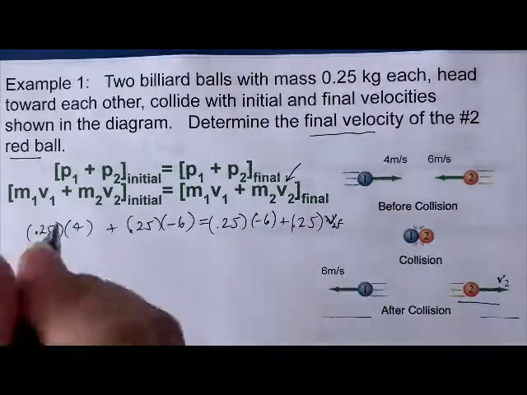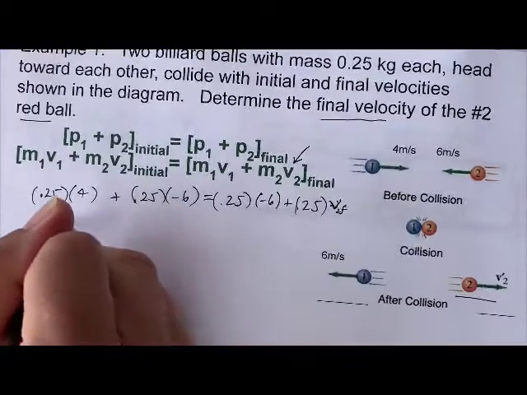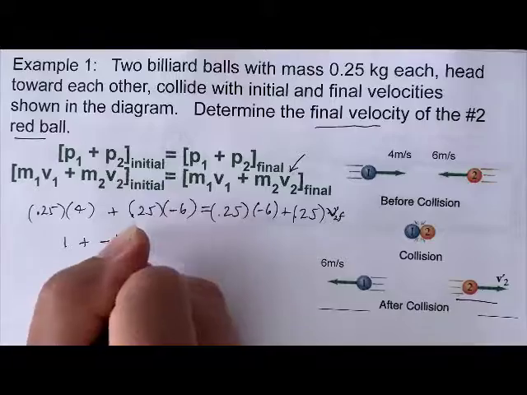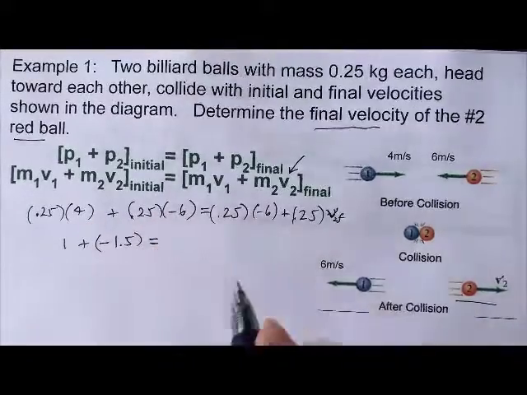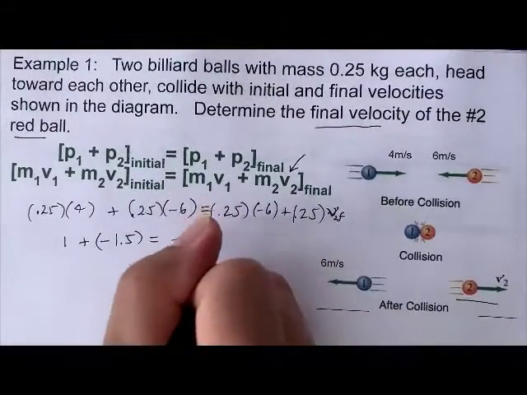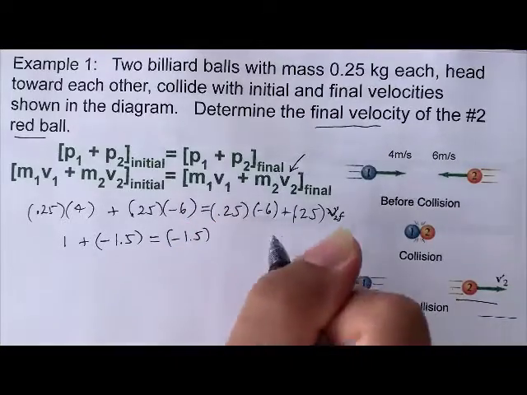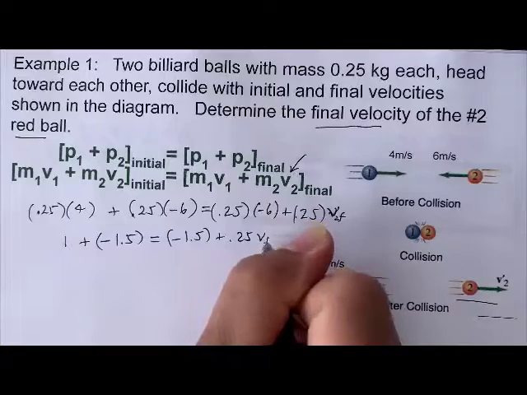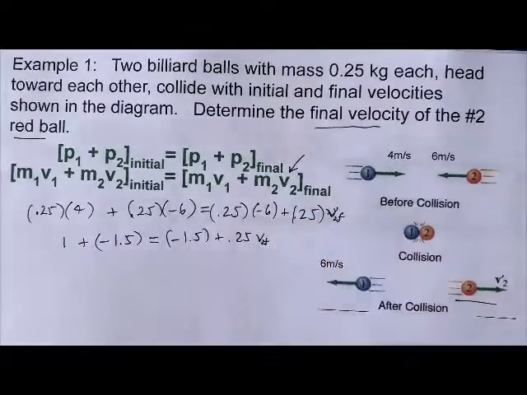When we plug that into our calculators, this becomes 1 plus negative 1.5 equals negative 1.5 plus 0.25 times v final 2.